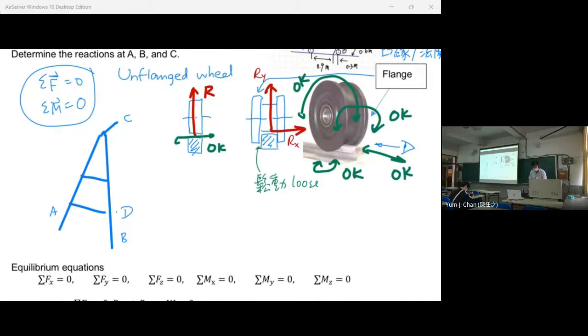Now for flange wheels A and B, let's say we have x, y, and z axes. So we have Ay and Az, and we have By and Bz.